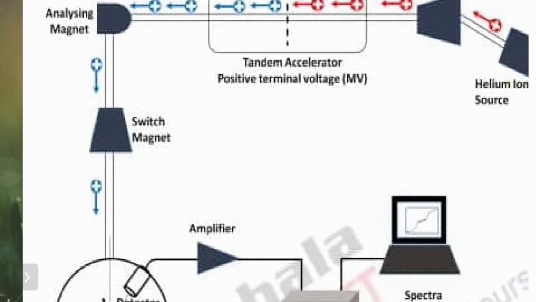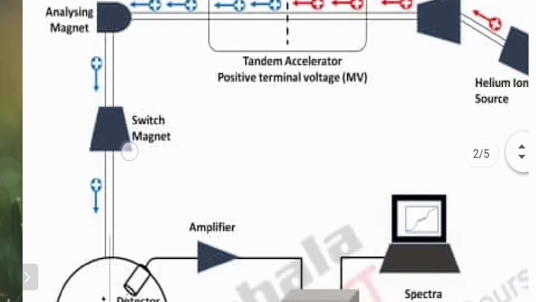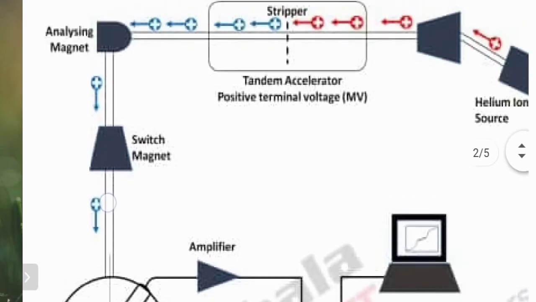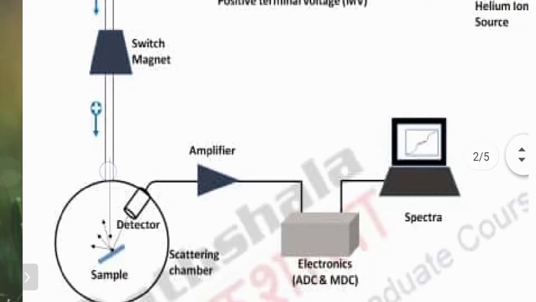So the magnetic focusing lens is used to distinguish the ions based upon their mass and charge.